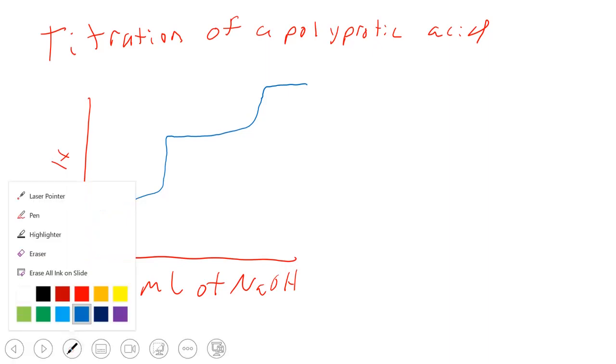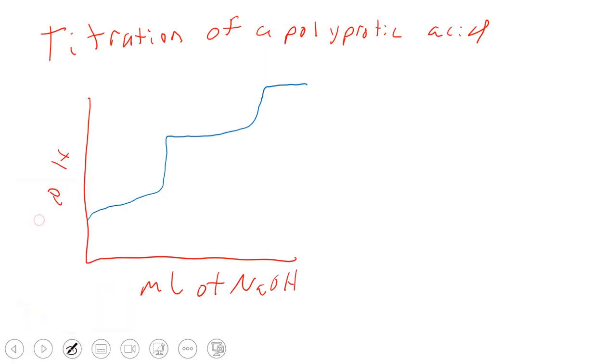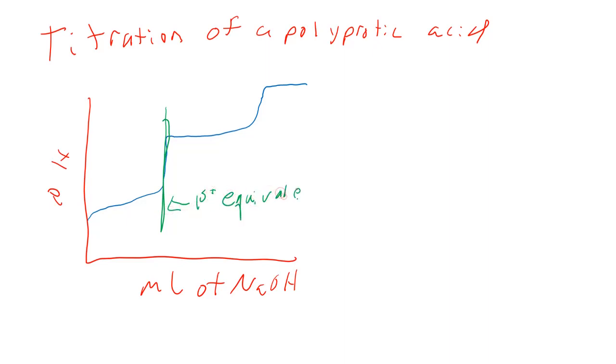The first point where that happens is your first equivalence point. We didn't get real fancy with the names here. The first point where you see this sharp increase in pH is your first equivalence point, and then the second point where that happens is your second equivalence point.